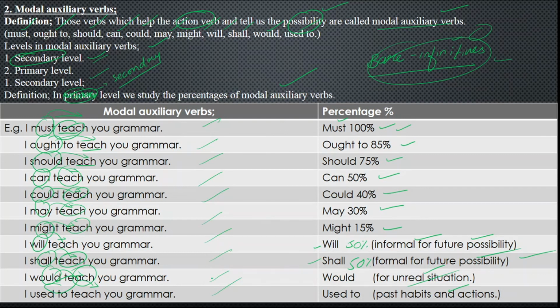So hope you got the definition of modal auxiliary verbs, which help the action verb and tell us the possibility. And in secondary level, we talked about the possibility or the percentage. And in primary level, we will start its usages one by one with each modal auxiliary verb. Hope you got today's lecture.